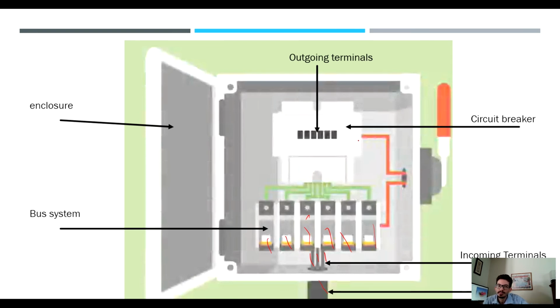There's a circuit breaker to shut down the whole power into the building, and usually this has a lock, so you can place a lock whenever you're servicing any machines. You lock this and turn off the power input.